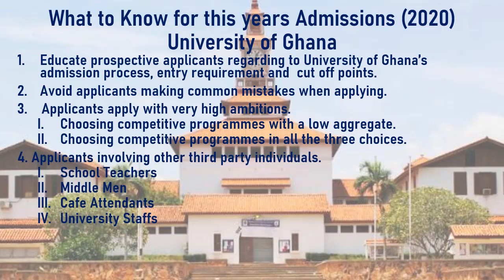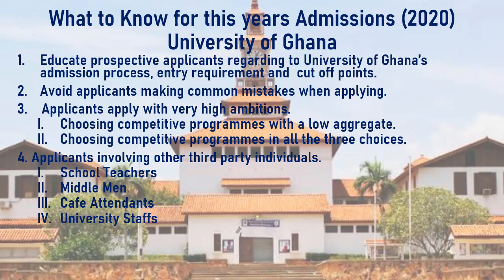Applicants involving other third-party individuals such as school teachers, middlemen, cafe attendants, and university staff. I want to encourage applicants to deem it upon themselves to visit the official University of Ghana website and read about the application process and not put the application at risk to these individuals, because they are likely to mess up your application by providing the wrong details when applying for you.